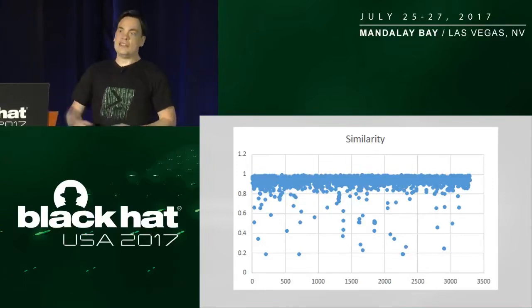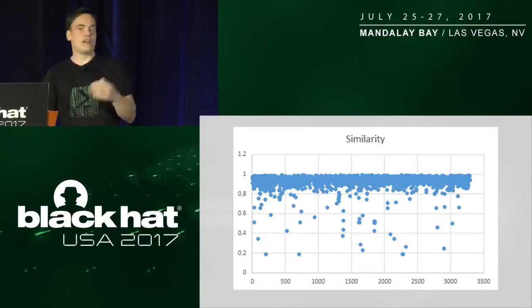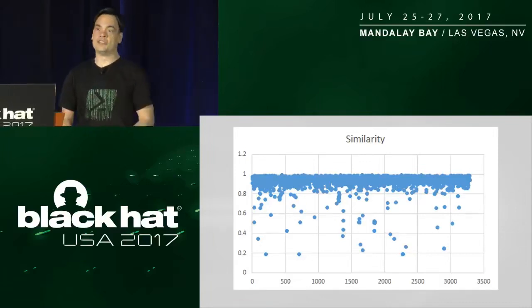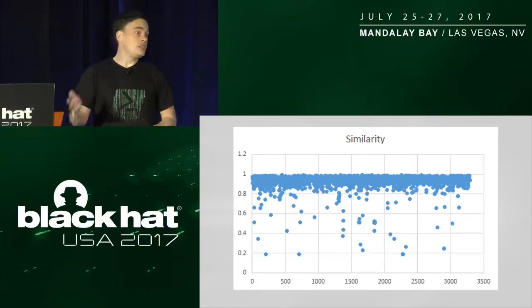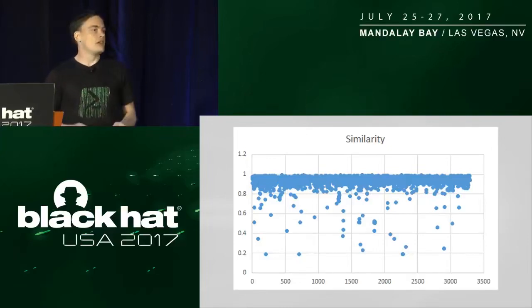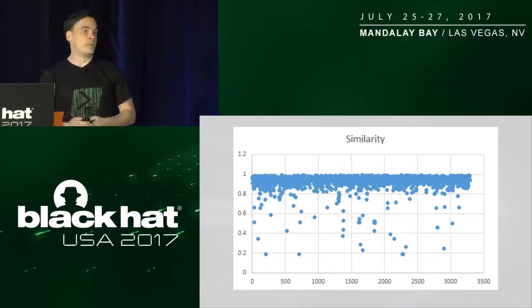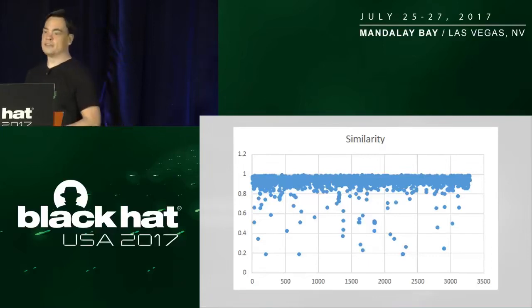Most of the things below 0.8 actually do have a lot of characteristics of obfuscation. And when they weren't done intentionally, a lot of times they were done as part of some sort of code golf competition or something like that. So it makes sense. It's a really good metric, using cosine similarity, for finding some high density obfuscated stuff in your environment using log processing.